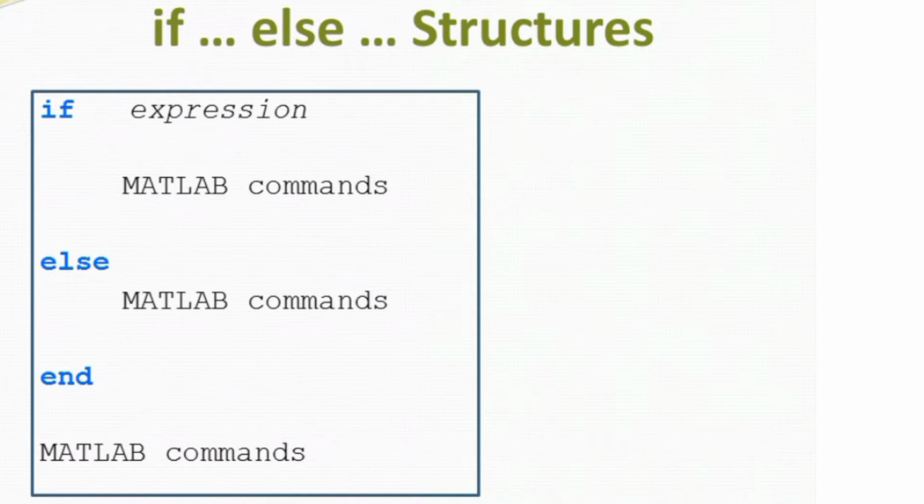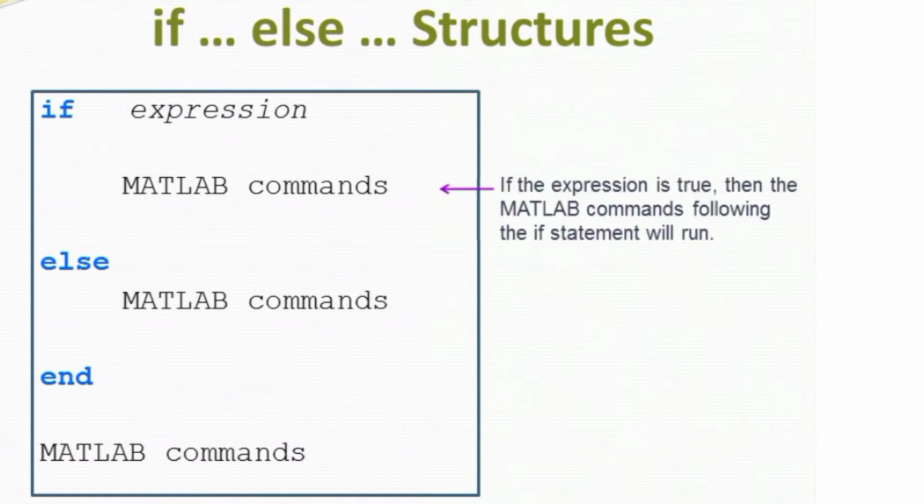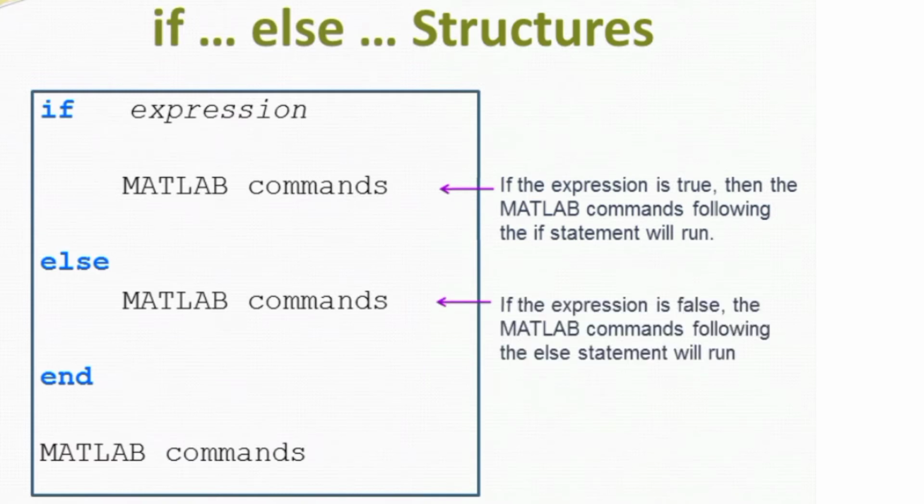So it basically operates the exact same way, where if the expression evaluates to true, then we'll execute the Matlab commands that are included in the if portion of the structure. If the expression evaluates to false, then we would go through and execute the commands associated with the else portion of the structure. Notice that there is no condition for the else.